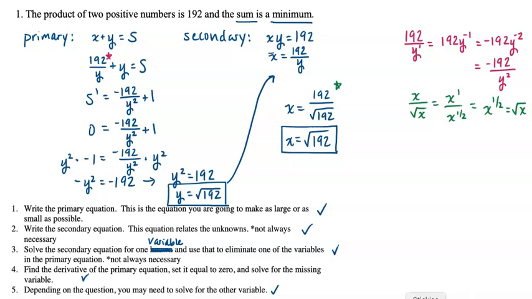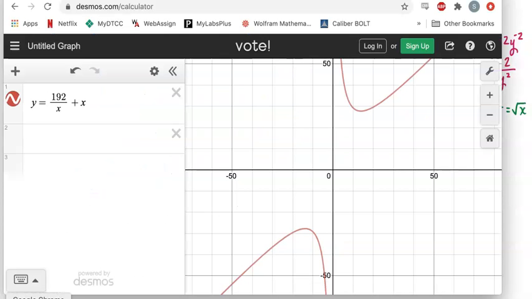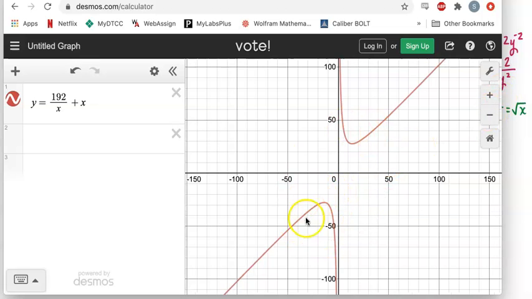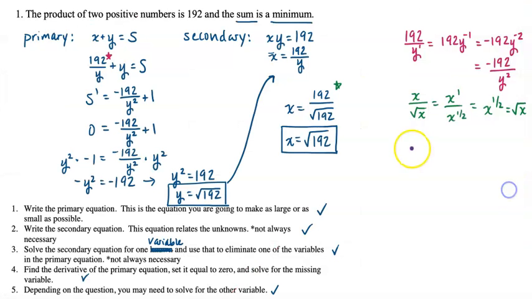All right, and looking at our graph of this, I love Desmos for graphing. Sometimes it's just a little bit easier. We get a function that looks like this. Now what we want is to minimize this function because these two numbers are positive. So we're trying to minimize something that looks like this.